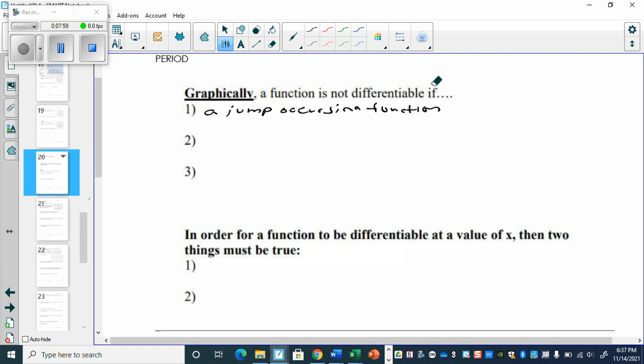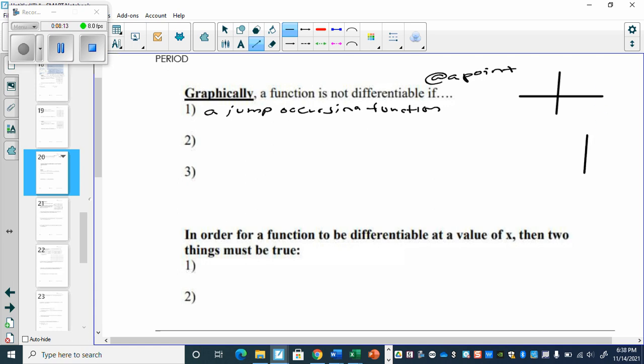So at a point, and I want to be very specific about that, at a point. So if I have a graph, I'm going to create 3 graphs here so you can see. Okay, there's first graph, second graph, third graph.